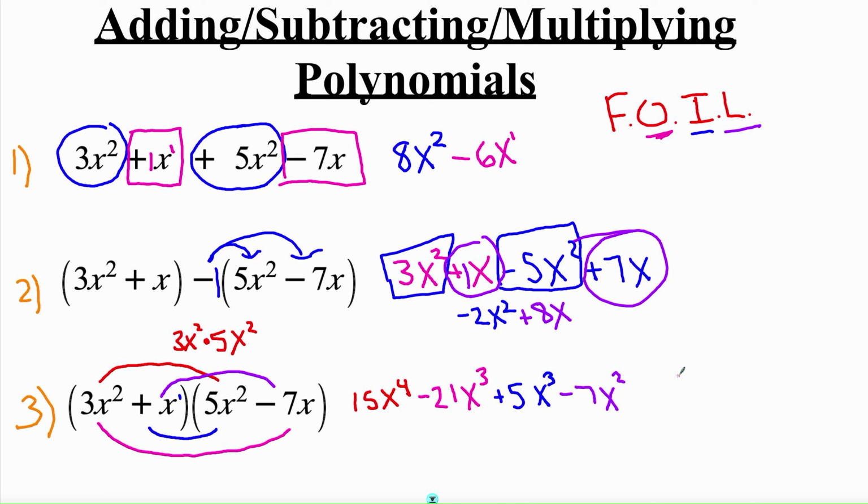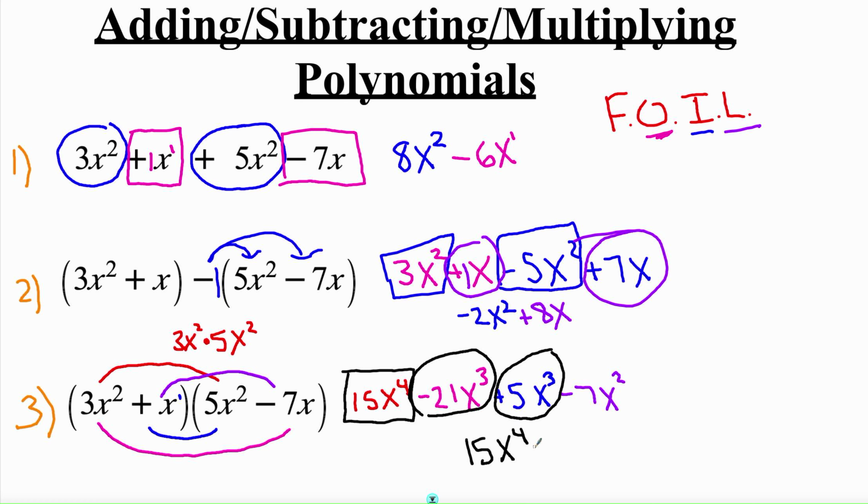So now I've done all my multiplication. I multiplied 4 times. So now I need to combine like terms. So from here, my exponents won't be changing anymore. Here I'm just combining like terms. So I have 15x to the 4th. Nothing here to combine that with. But then I have negative 21x cubed plus 5x cubed.